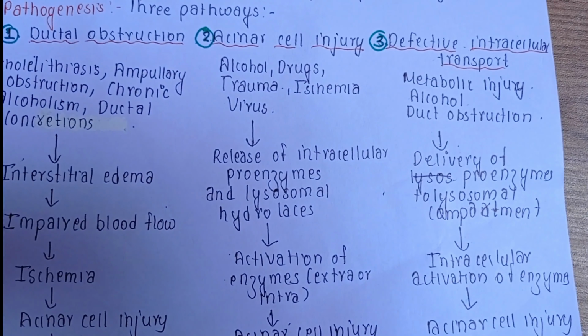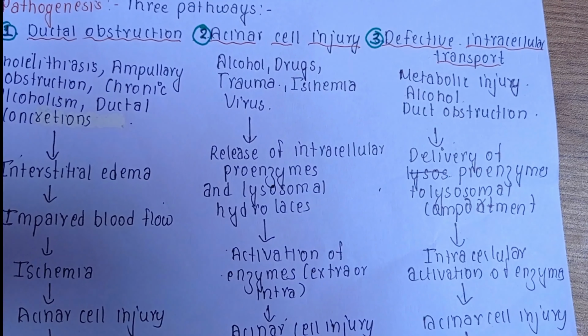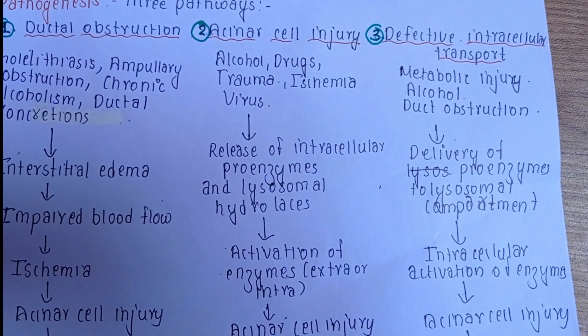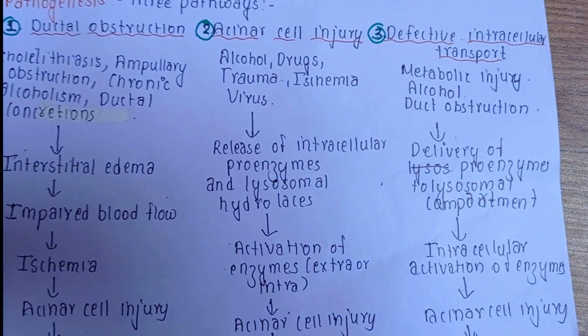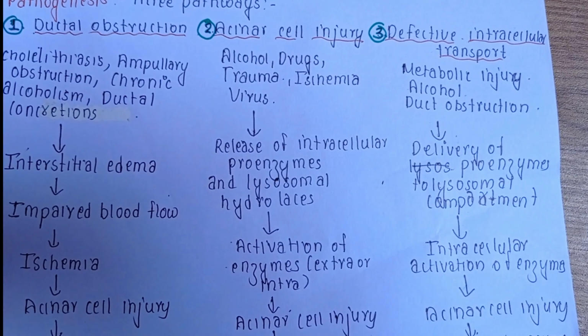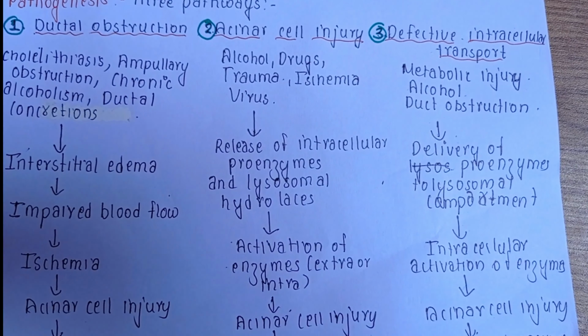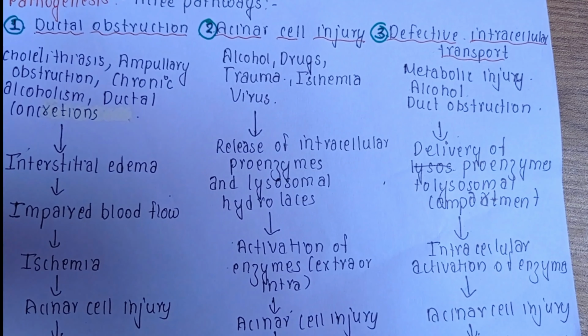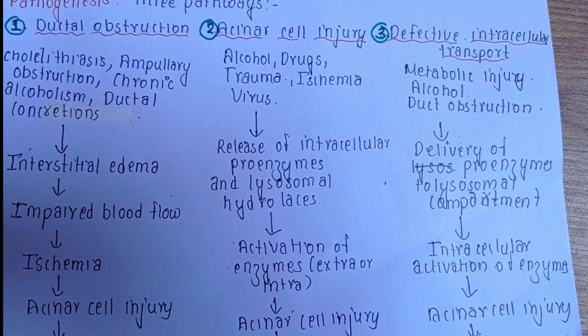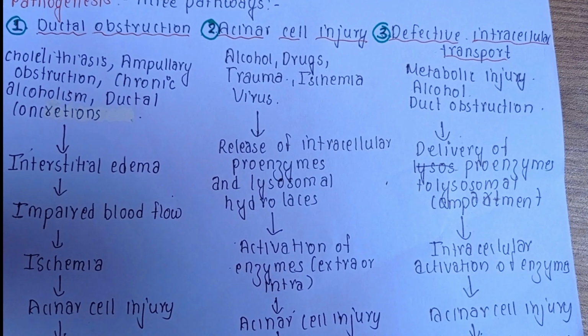Second one is acinar cell injury, which is caused by alcohol, drugs, trauma, ischemia, and virus. And there is release of intracellular proenzymes and lysosomal hydrolysis due to this.